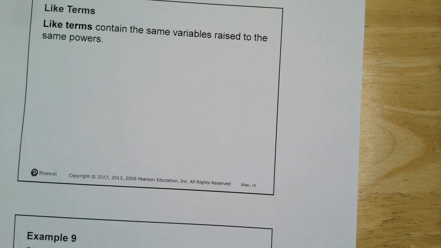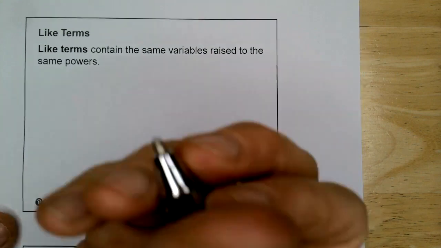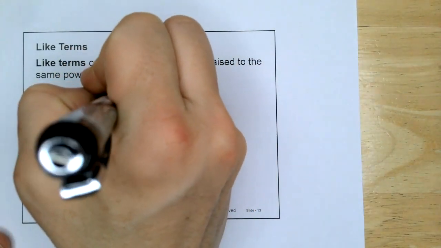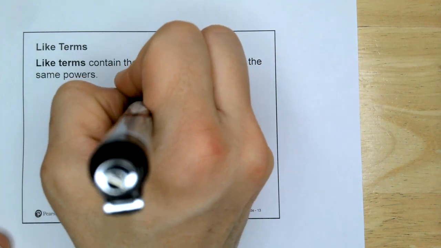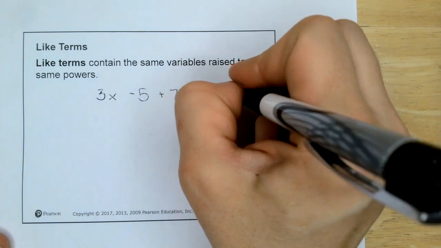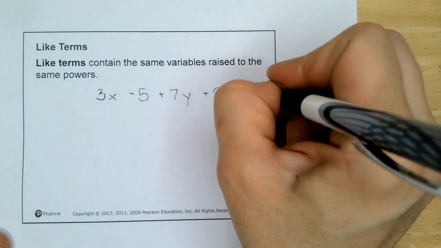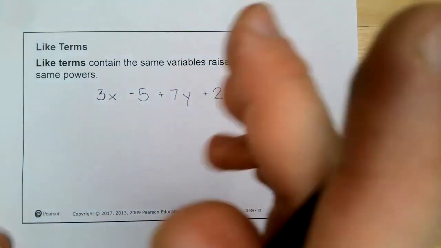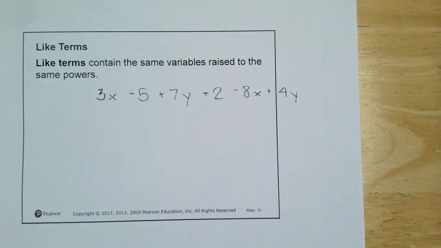Okay, last idea is like terms. Like terms contain the same variable raised to the same power, okay? Terms are numbers and variables. If you have an expression like 3x minus 5 plus 7y plus 2 minus 8x plus 4y, for example, these are 6 terms.